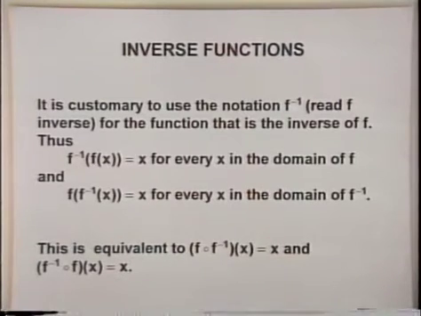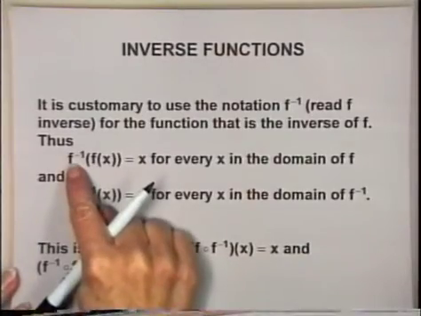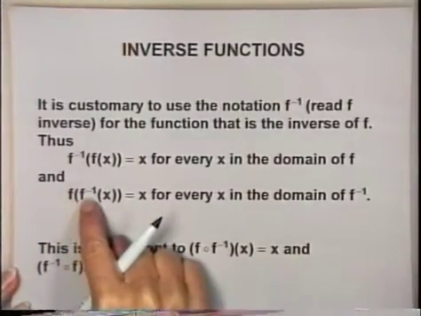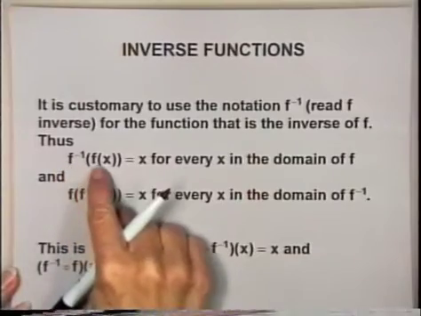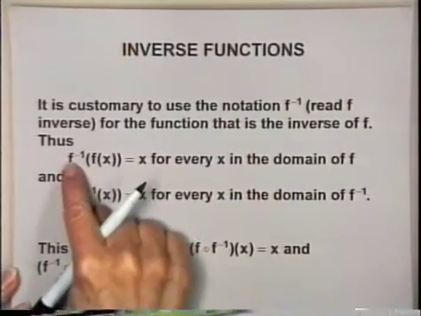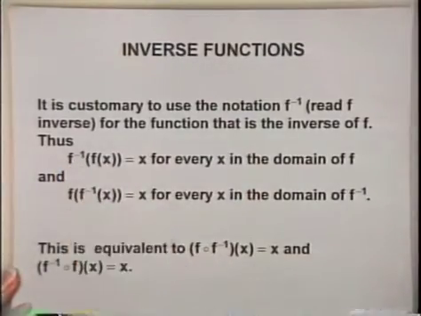So we use the notation f inverse for the function that is the inverse of f. Now, if we use that notation, instead of using g, so instead of saying f of g of x or g of f of x, we can use this f inverse notation in the place of g.